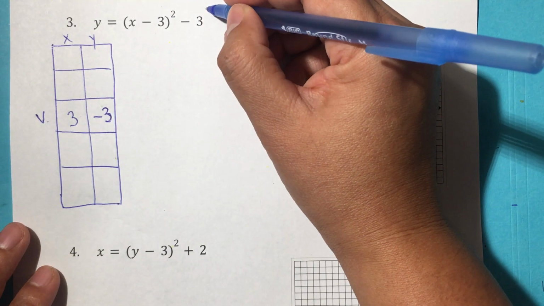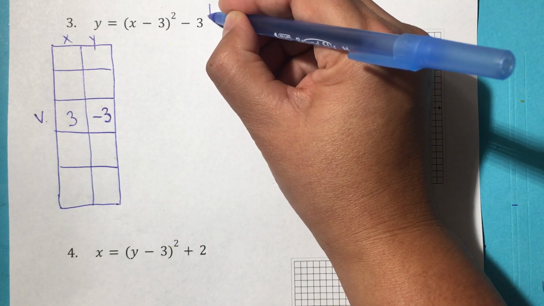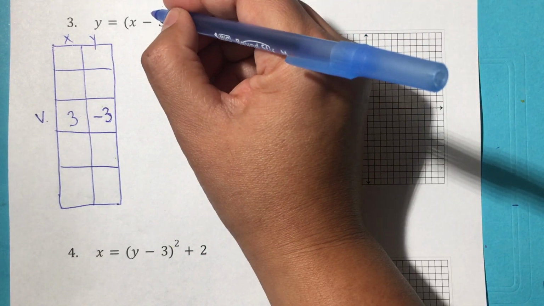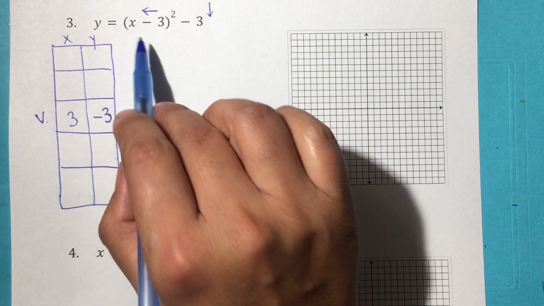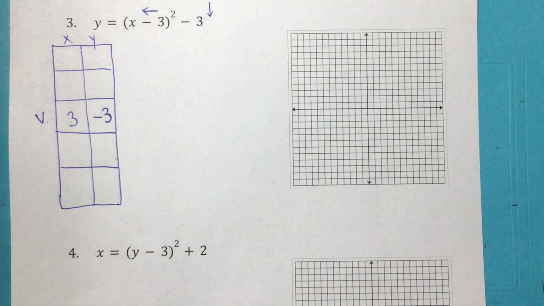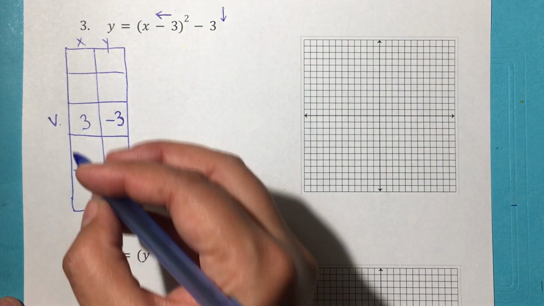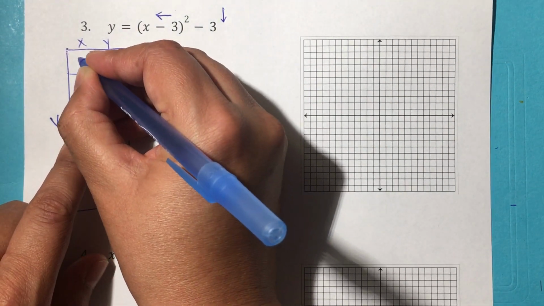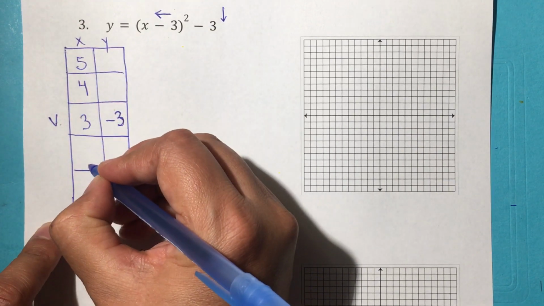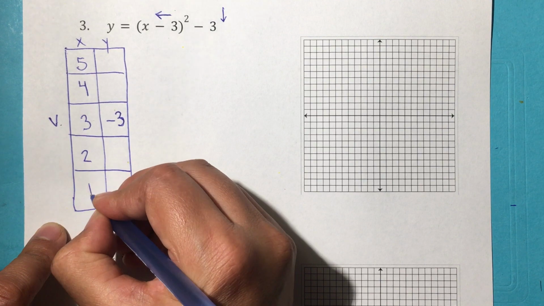With transformation, this means that this will go down and this will go to the right. It's opposite for x, okay? So just have that in mind because that was part of the objective for today. And for the values of x, we're going to add 1 and 1 more and subtract 1. So 3 minus 1 is 2. 2 minus 1 is 1.